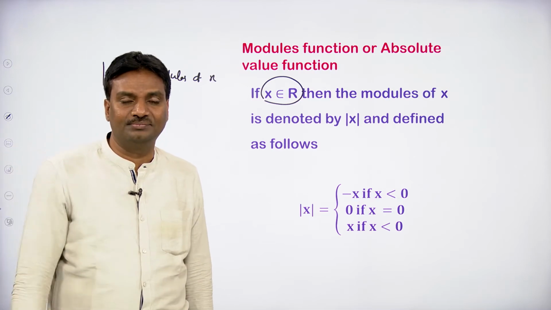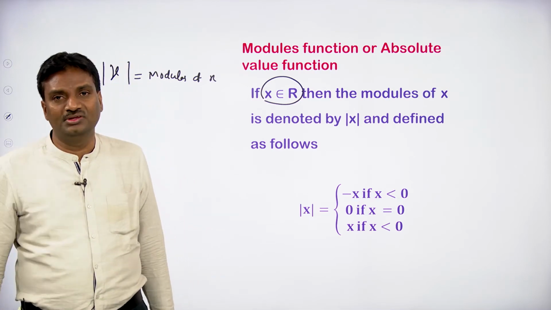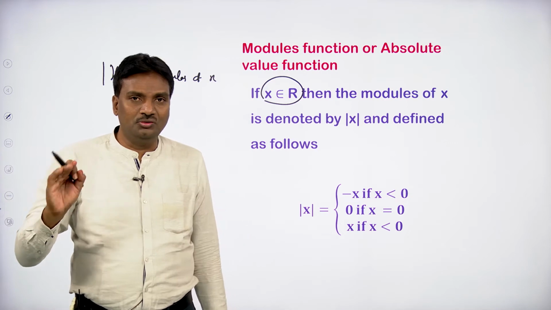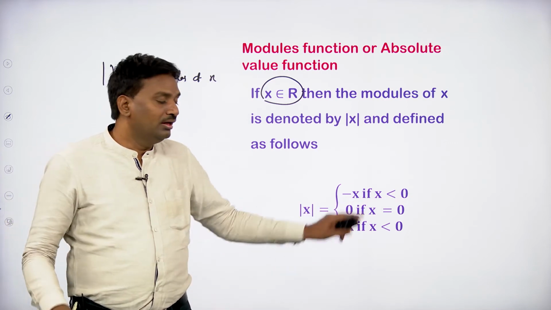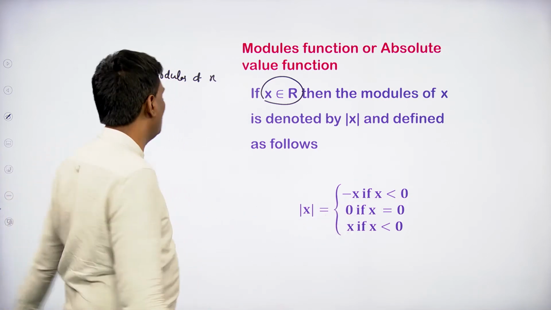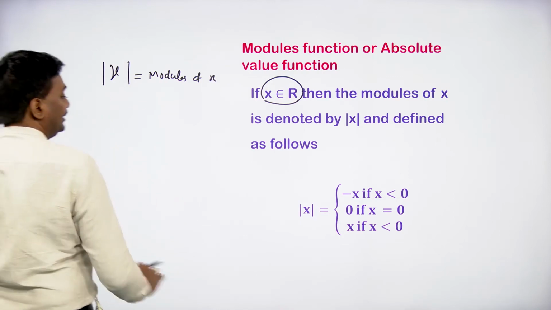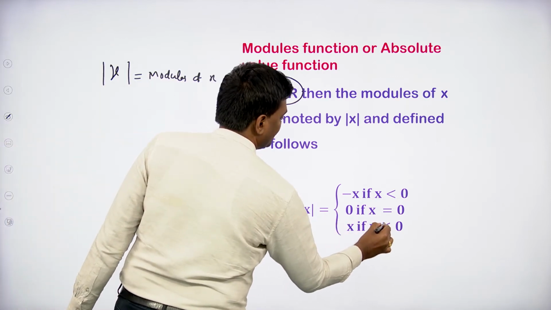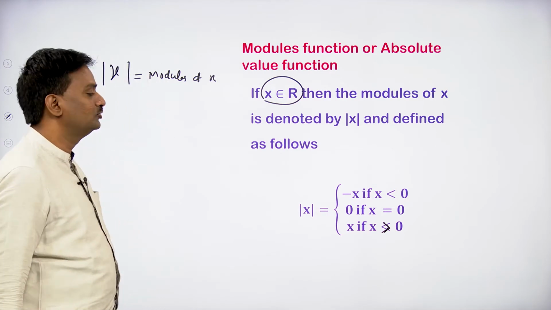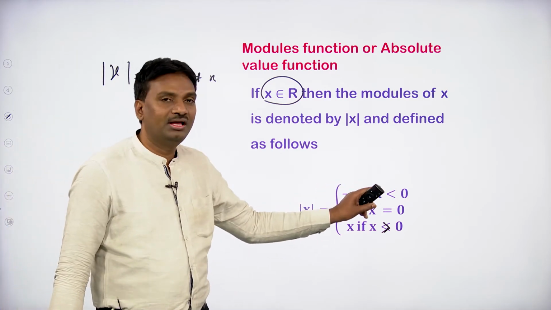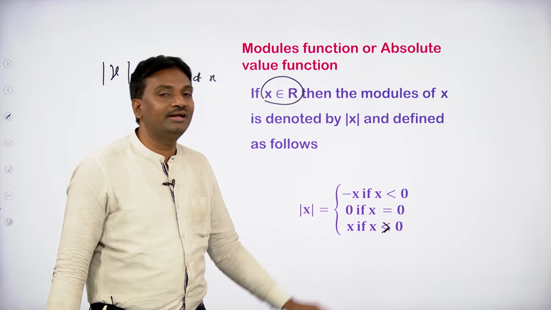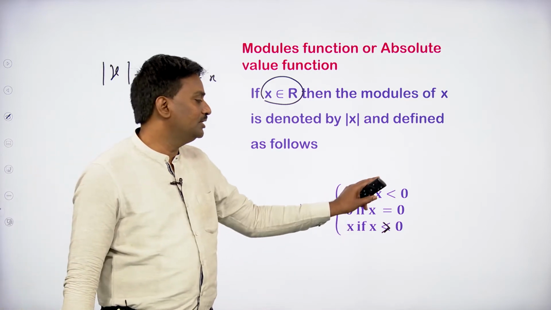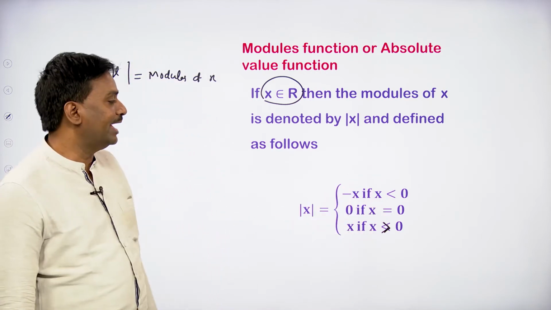Three cases are there: when x is less than 0, it is negative; when x equals 0, it is neither negative nor positive; and when x is greater than 0, it is positive. So we have three cases: less than 0, equal to 0 and greater than 0.